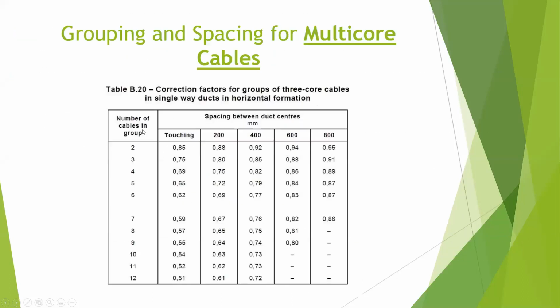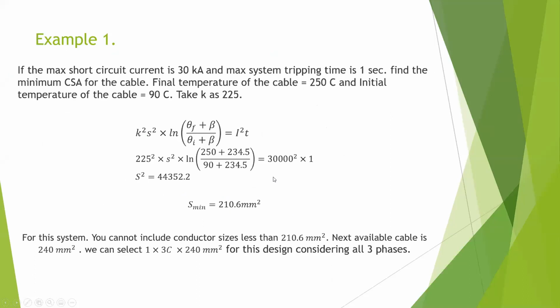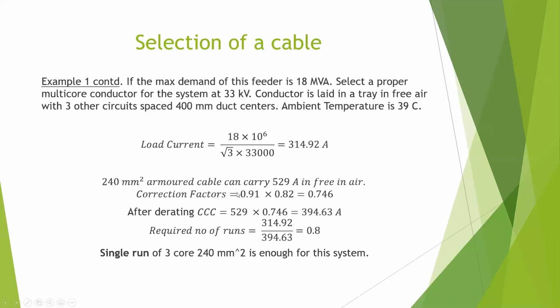So we find the correction factor for 4 circuits at 400 millimeter spacing, which is 0.82. Then we apply these two and find the overall correction factor, which will be 0.746.